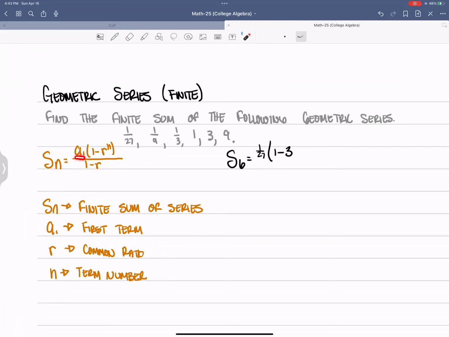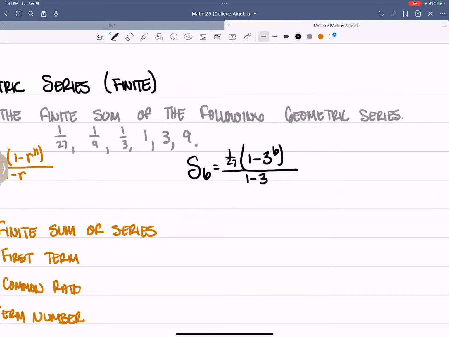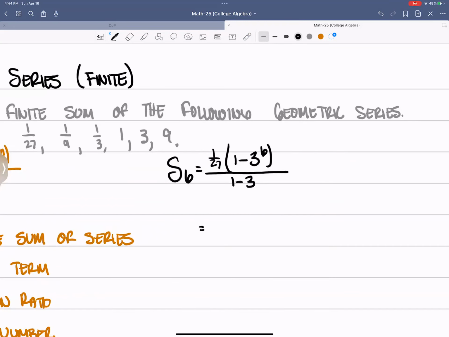So far we have a1, 1 minus r, where r is 3, raised to the power n. We know what n is now, and we're dividing all of that by 1 minus r, where r is 3. We have to do a little manipulation here.